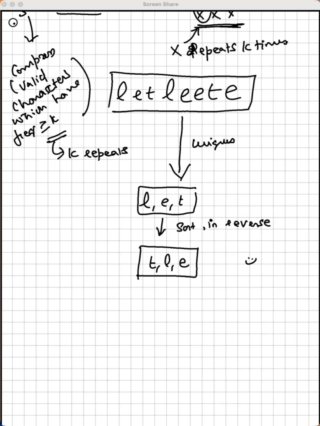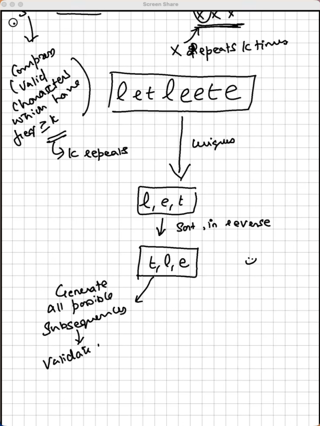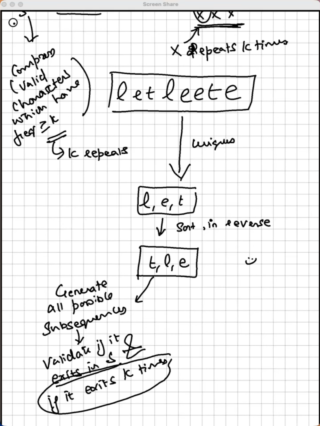And now the next step is to generate all possible subsequences and then validate if it exists in string S and if it exists k times. So instead of just checking if it exists in S, we want to check if it exists in S k times.